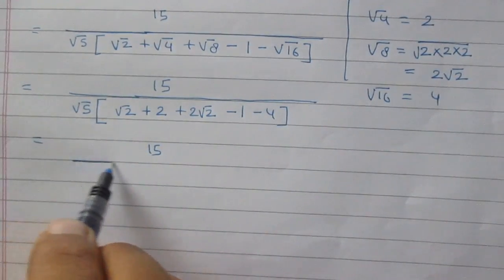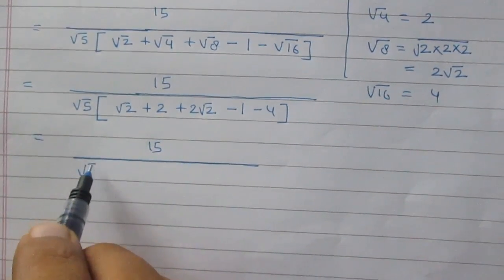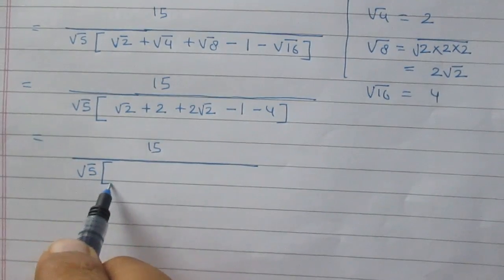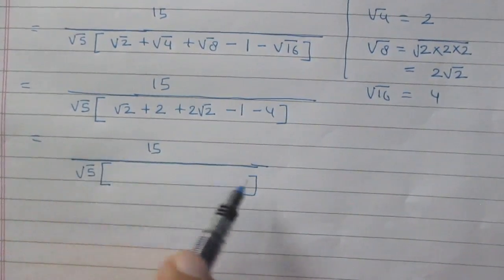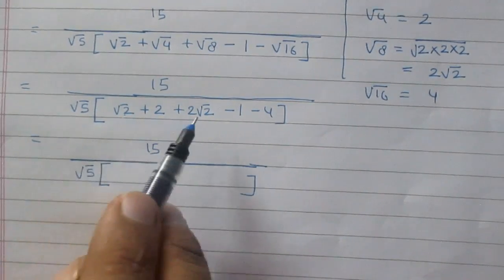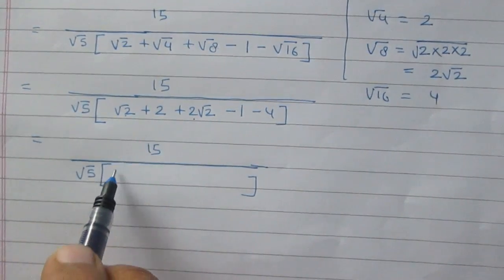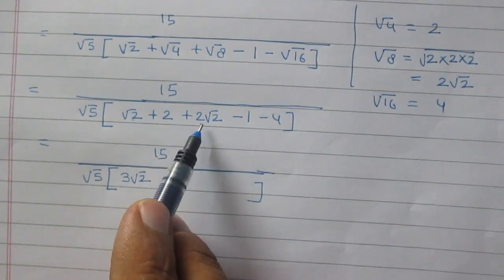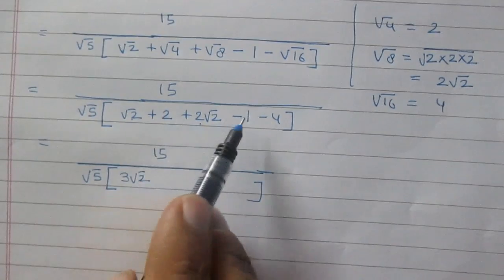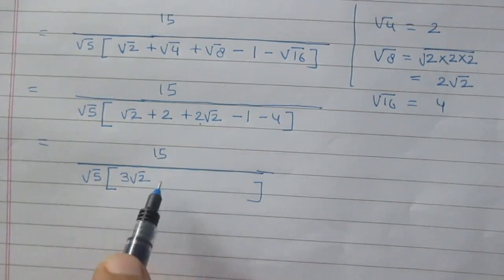We can further simplify it as square root 5 in multiplication with the whole. Inside this bracket, square root 2 and twice of square root 2 is thrice of square root 2, just like x plus 2x, which is 3x. 2 minus 1 then minus 4 is minus 3.